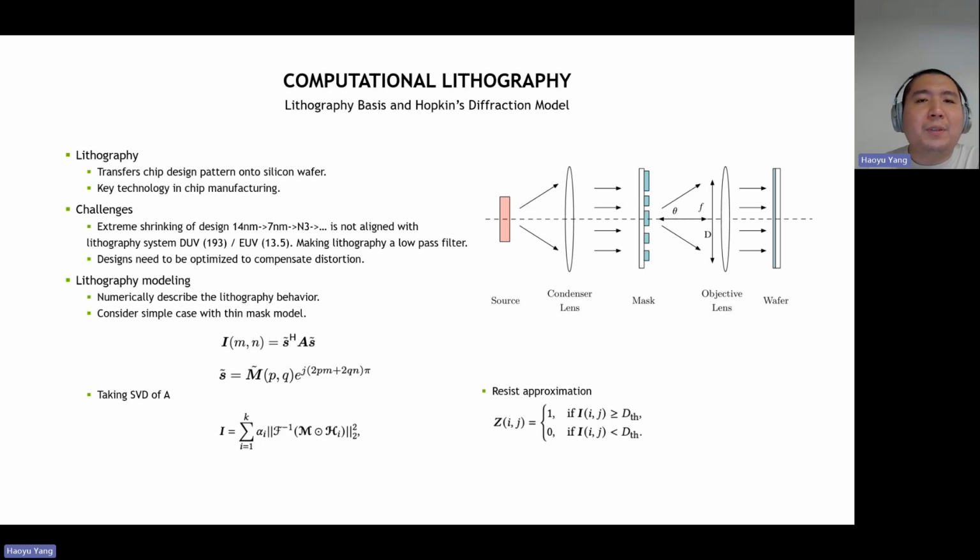And there are some approximation and speed-up methodologies by applying SVD on A, and we reduce the computing into this formulation. And finally, we also adopt this very abstracted resist model, just using a constant threshold to project the aerial image on the silicon wafer.